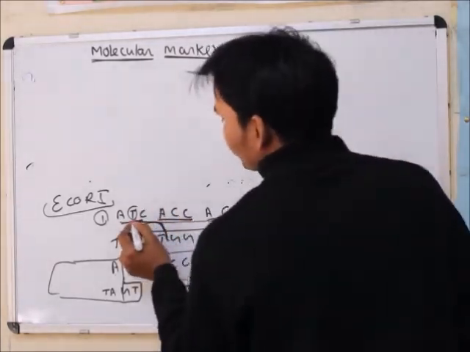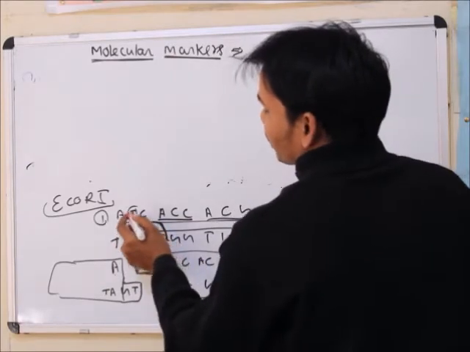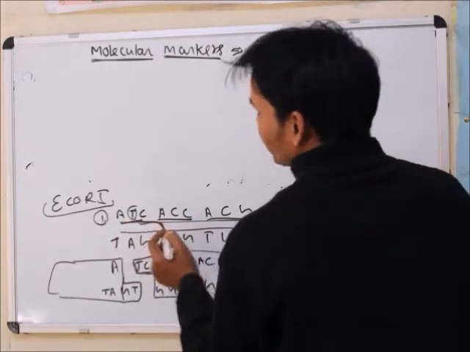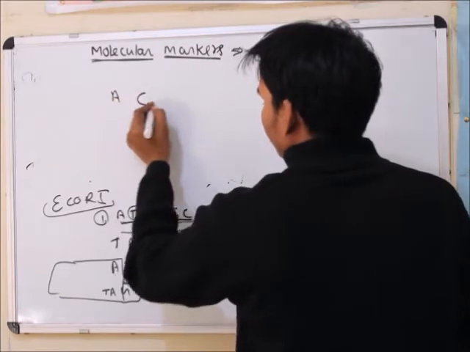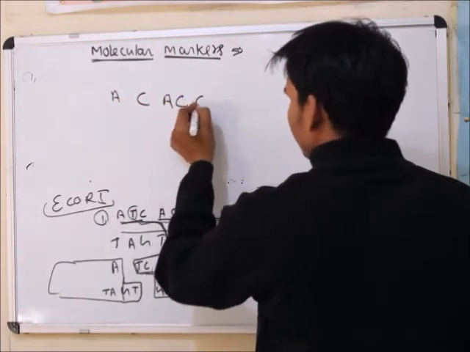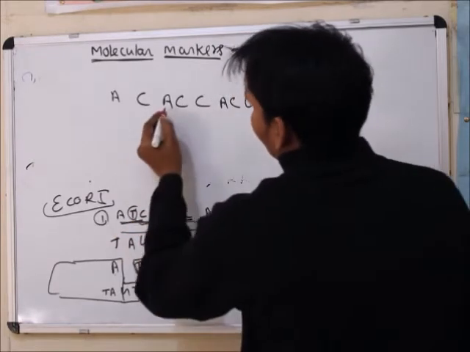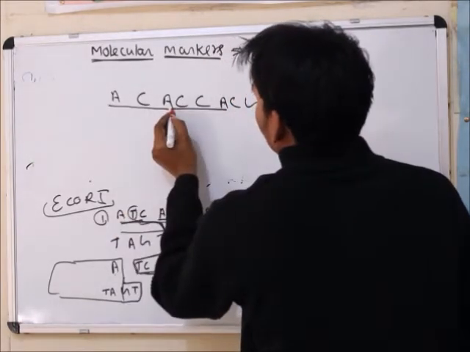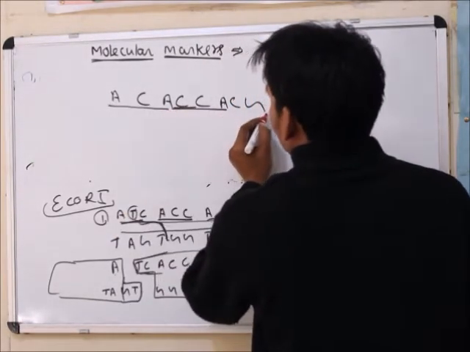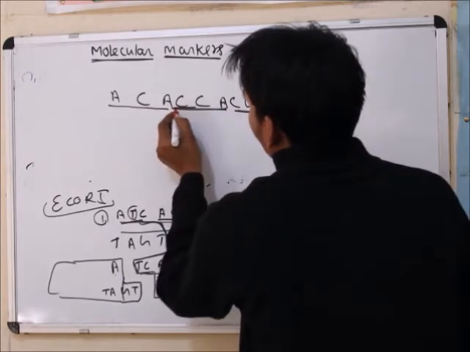So if there is a mutation, that means a deletion, what would be the result? A, C, C, C, A, C, G, a single mutation, so the triplet codons read like this. You can check here.